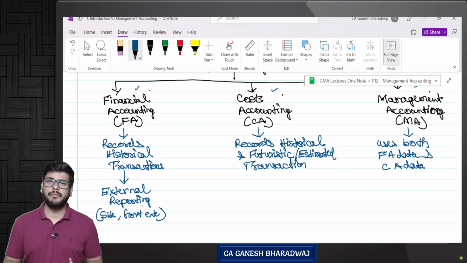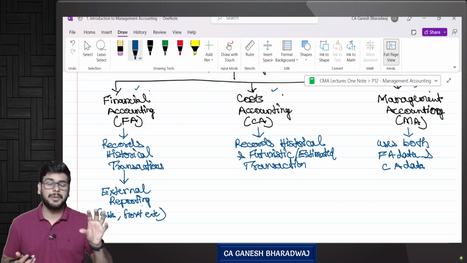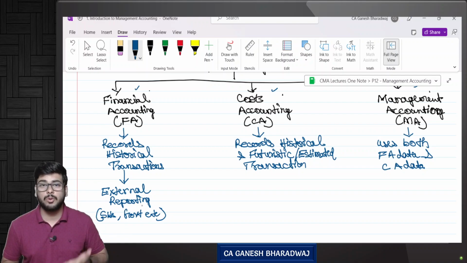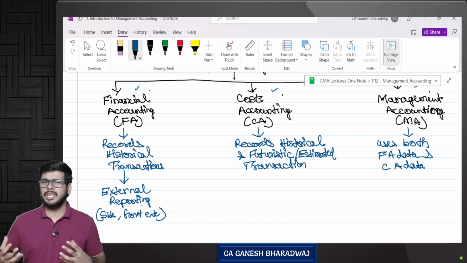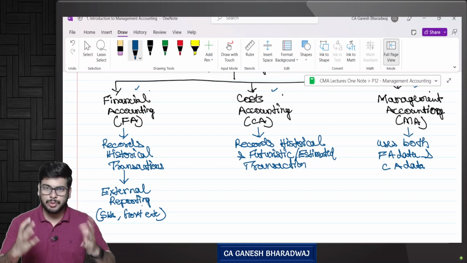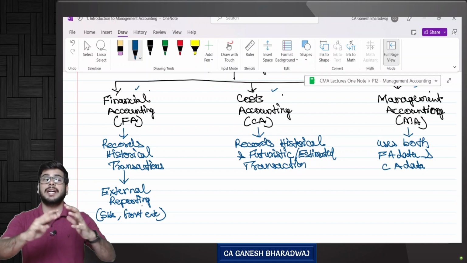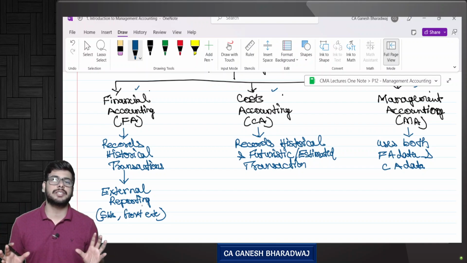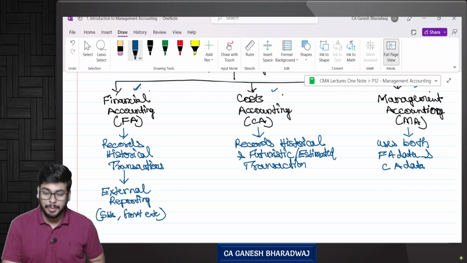For government, obviously, they need to know whether the company is properly doing its business and how much profit they generate, so that out of that they need to pay taxes. So each of the users has their own reasons for using the accounting information. So catering to the needs of external stakeholders of the company is the domain of financial accounting. You already know this. Fine.